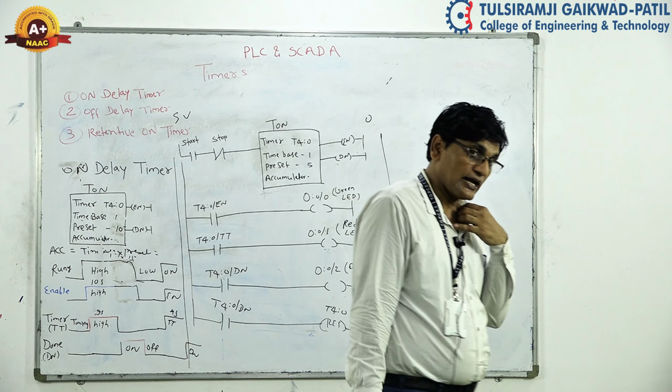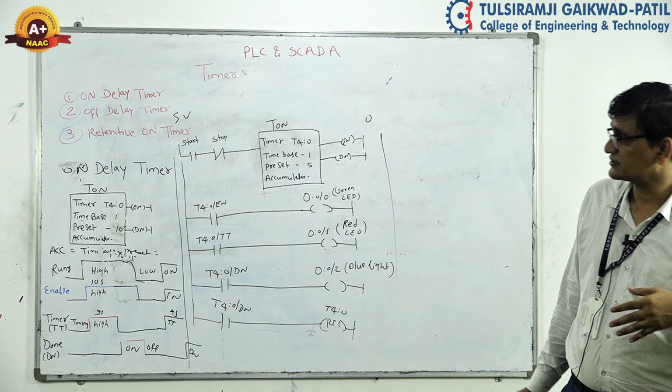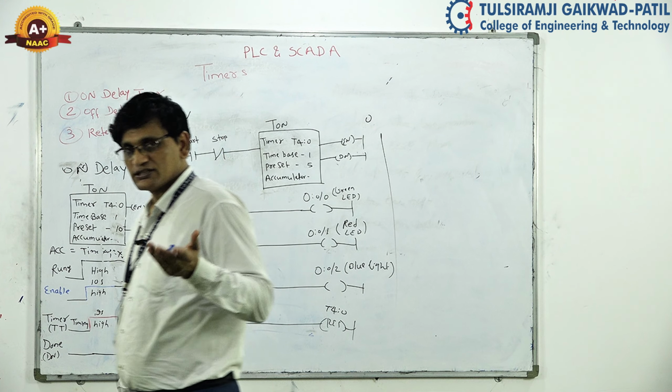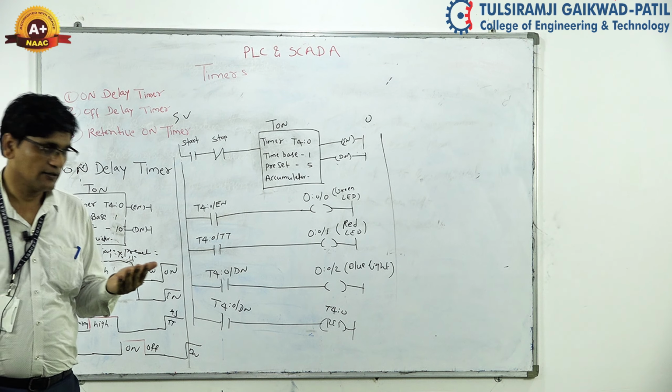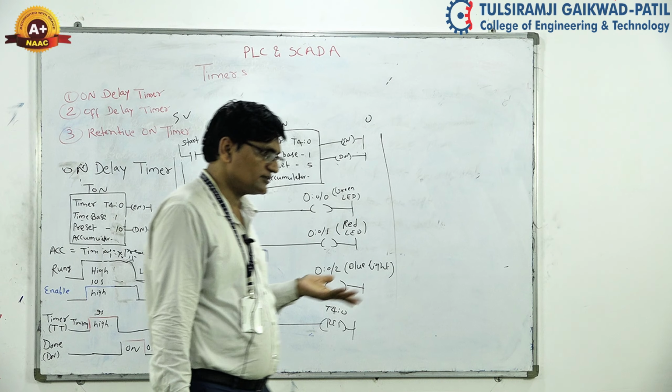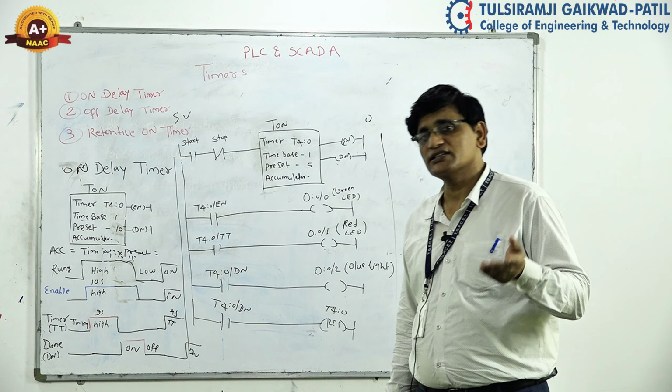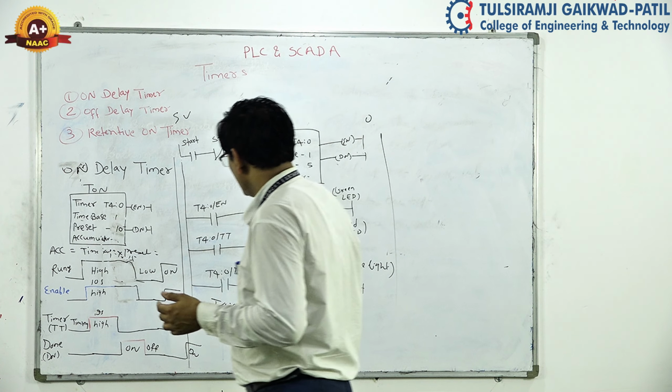Every plant has so many sensors, actuators, flow sensors, level sensors. These are the devices used to measure the various physical parameters.